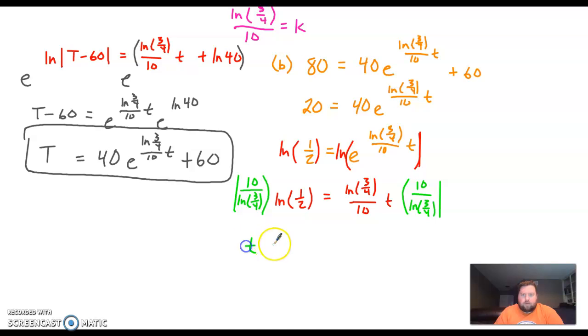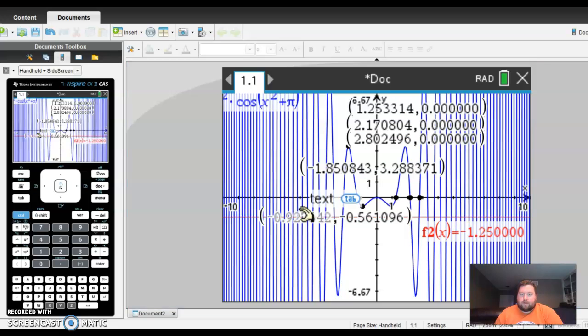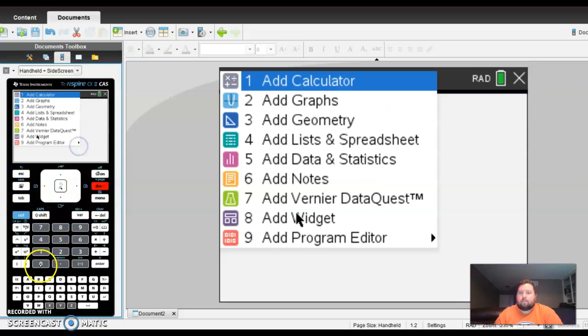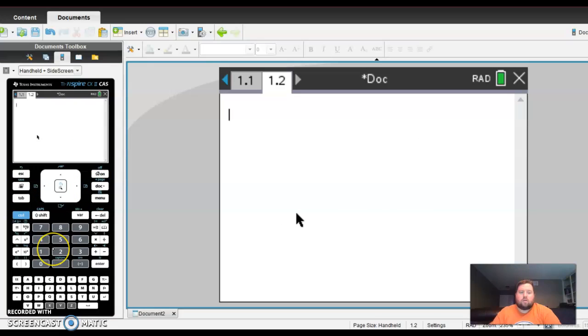All right, so we end up with t equals, and we pull up our calculator. So we have 10 over the natural log of 3/4, it was actually a 10 on top, wasn't it?